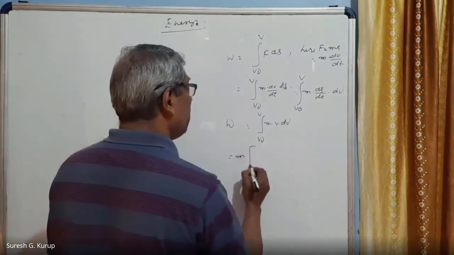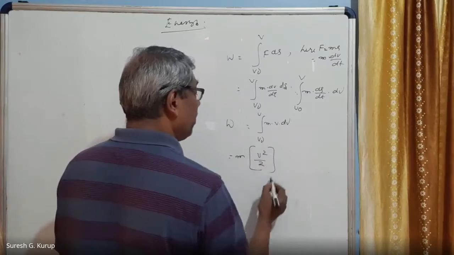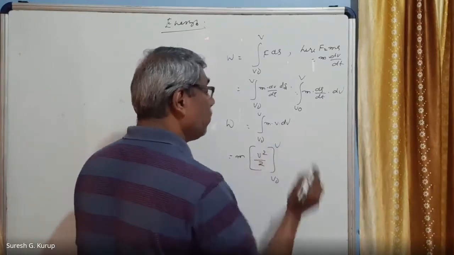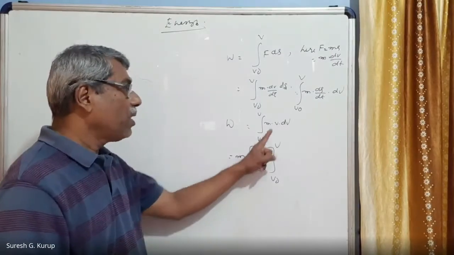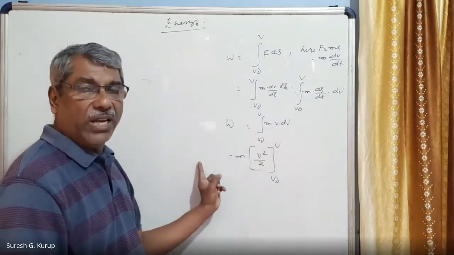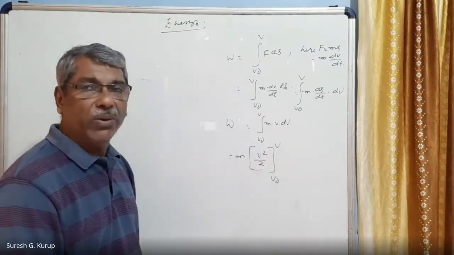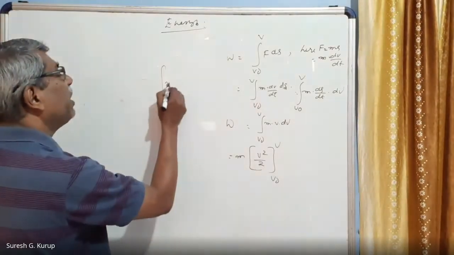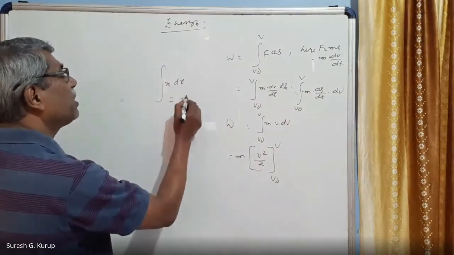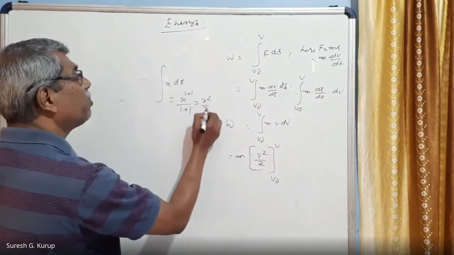Therefore, m into integral v dv is equal to v square divided by 2, within limits v0 to v. Integral x dx is equal to x raised to 1 plus 1 divided by 1 plus 1, that is x square by 2.